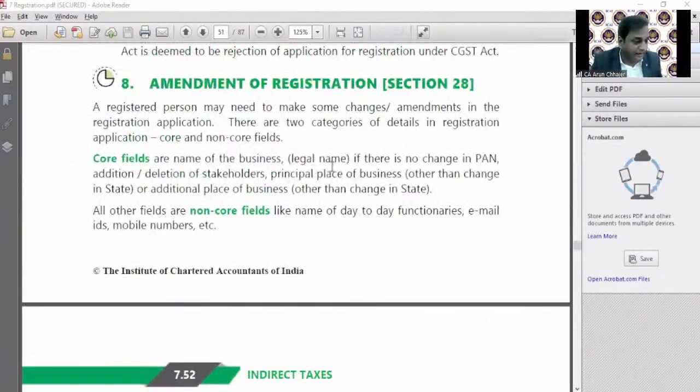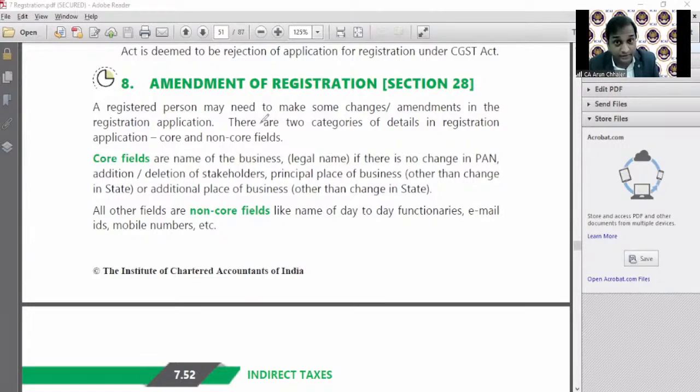So what is the amendment? The amendment means I have submitted the details, part A and part B, and the details are being changed, like name of the proprietor, promoter, director, partner.